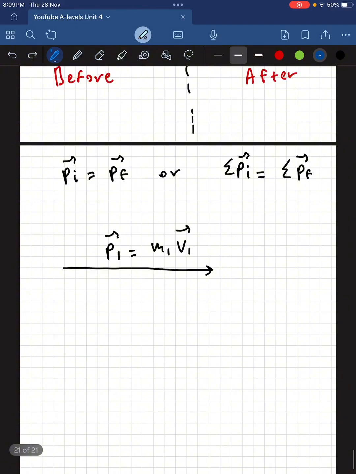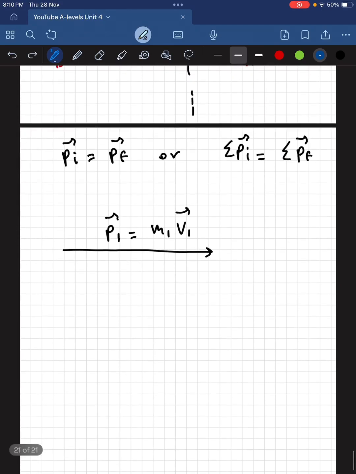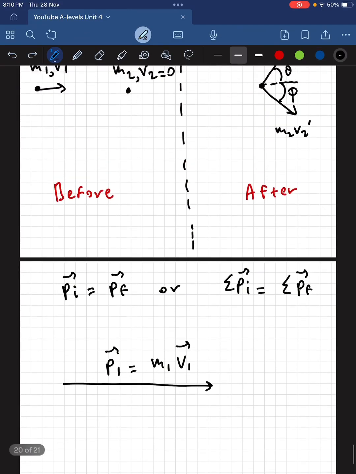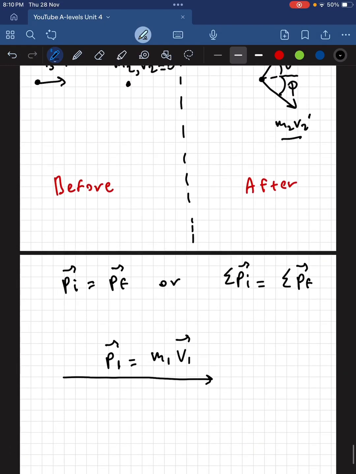So how do we make this vector equal to this? You can picture taking this vector and parallel transporting it to the tail of P1. So this is going to be your P2 prime, which is m2 v2 prime.